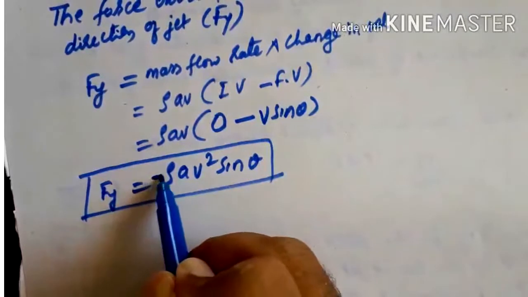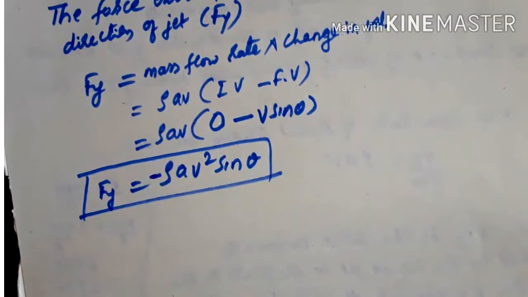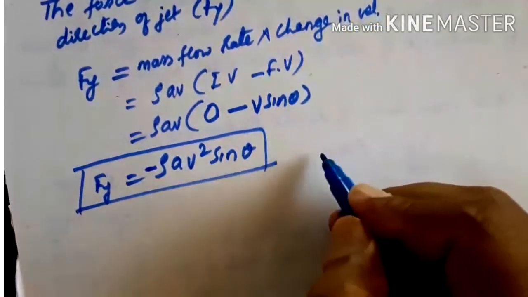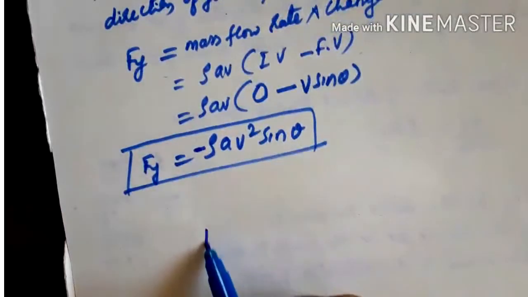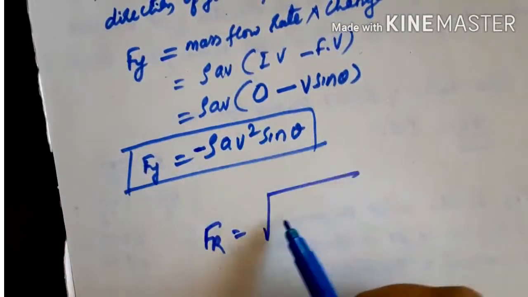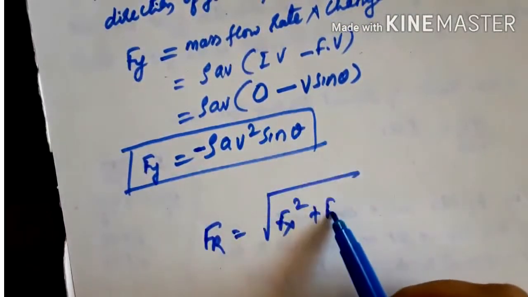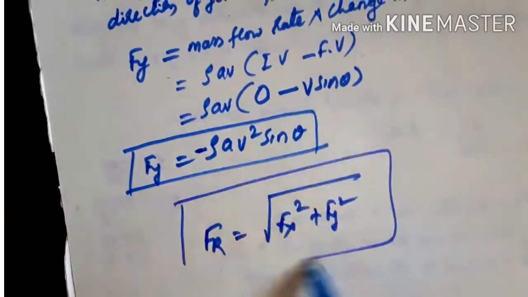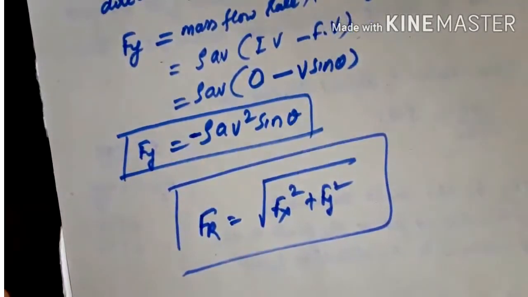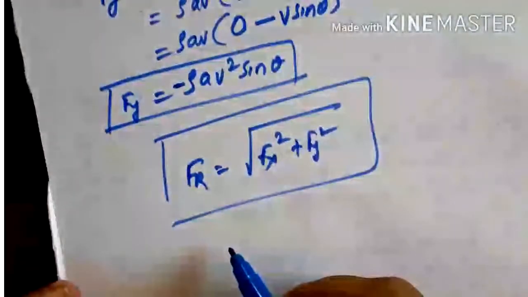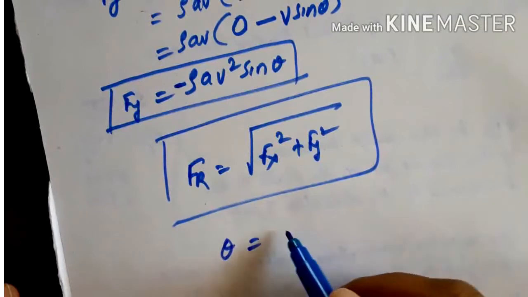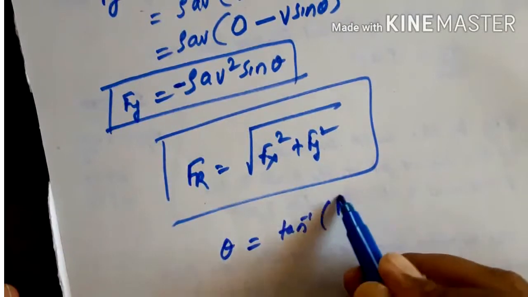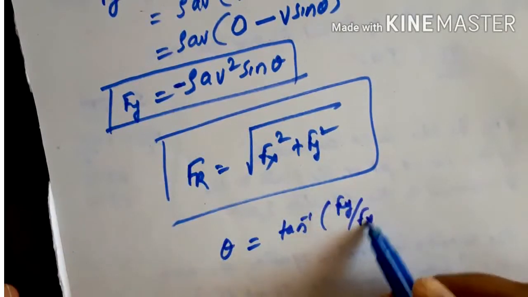The negative indicates the force is acting in the negative y direction, that is, it will be acting downward. Finally the resultant is the root of Fx square plus Fy square. This is the magnitude, and the direction is theta equals tan inverse of Fy by Fx.